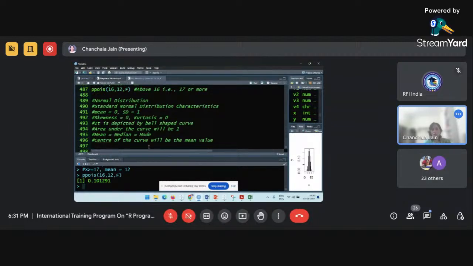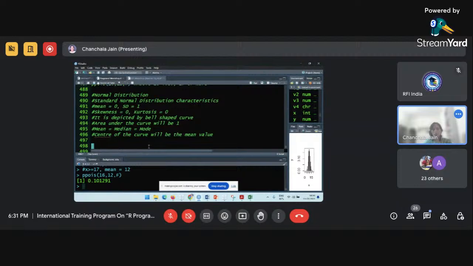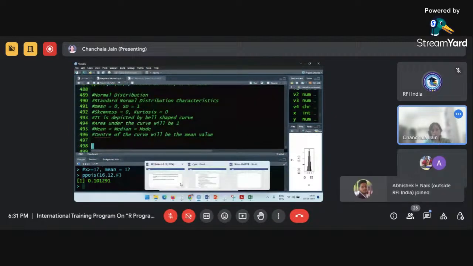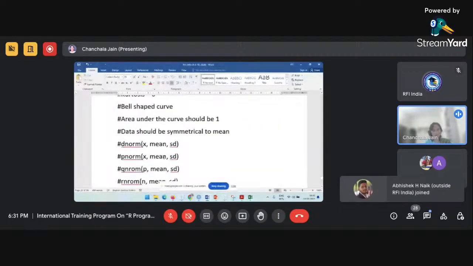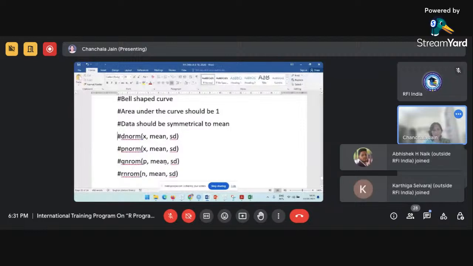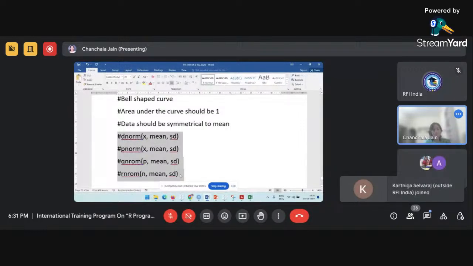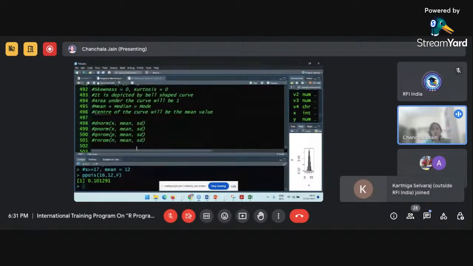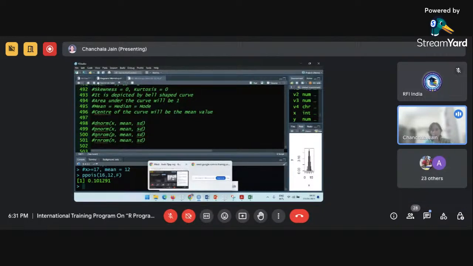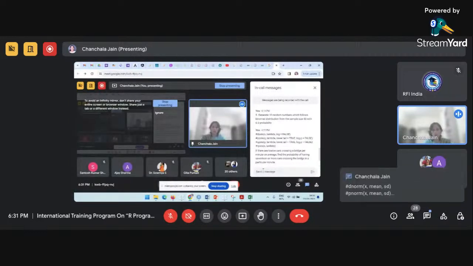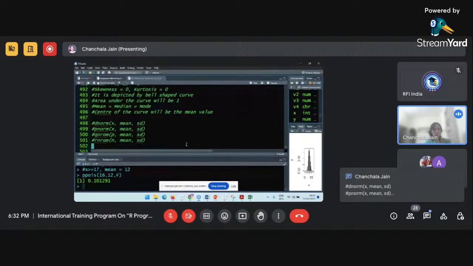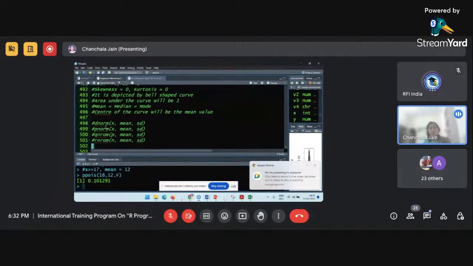Now, I need to check whether I have copied down the functions. Yes, it will save our time. Do I need to copy the functions in the chat, so that you people can also copy and paste in your notes? So I have copied down these 4 functions we are using in R to get the probabilities of the normal variate.